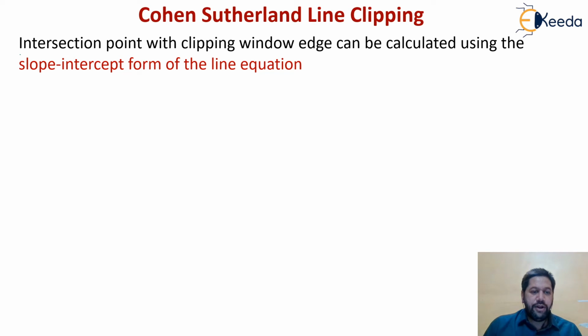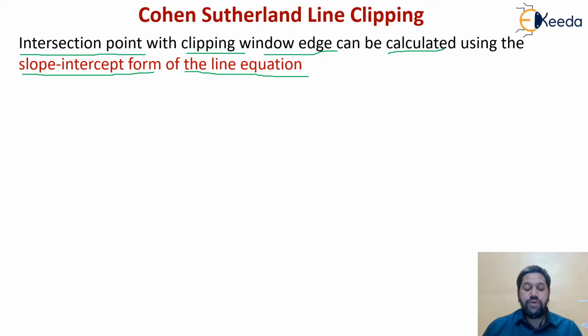The intersection point with the clipping window edge can be calculated using the slope intercept form of the line equation. So using the slope of the line and the slope intercept with the window edge, with the help of the line equation, we are going to find the intersection point.